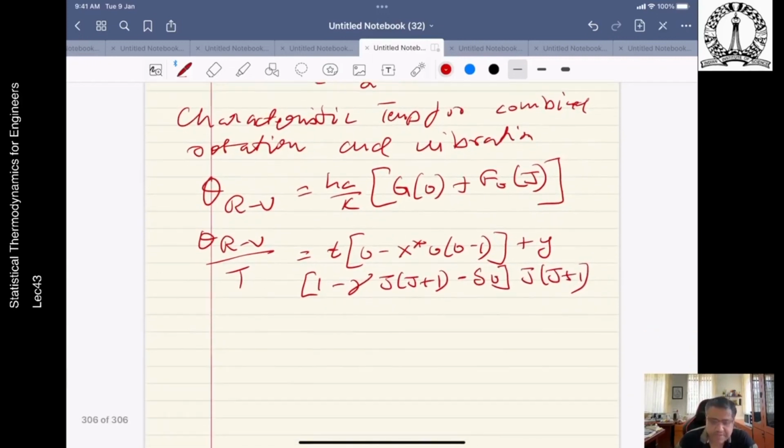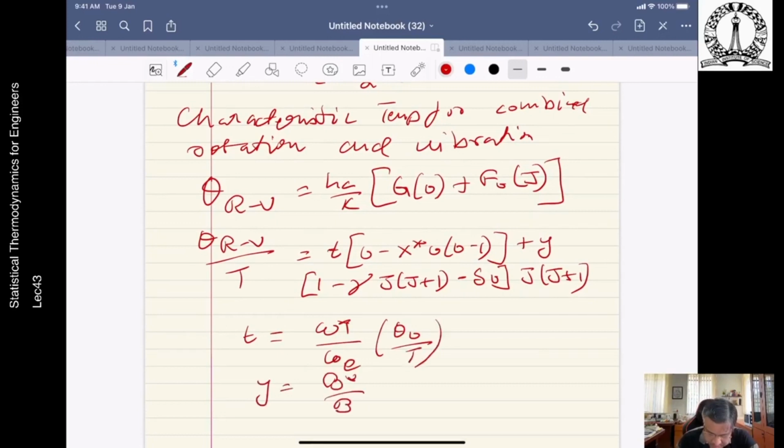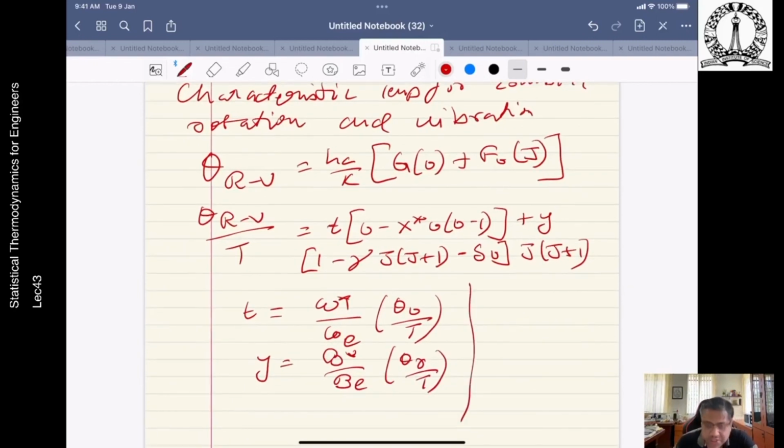Theta V is equal to omega star omega E by K, and Y is equal to theta R by T. You can understand that these all come from the rotational and the vibrational. So gamma is equal to D E by B star, and delta is equal to alpha E by B star.